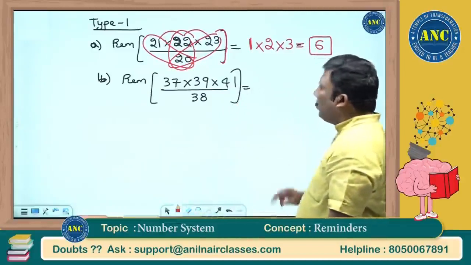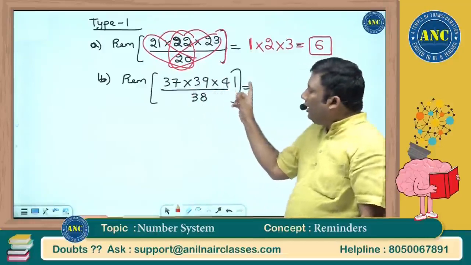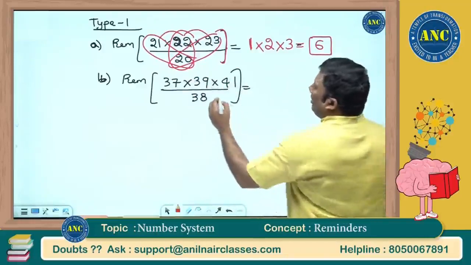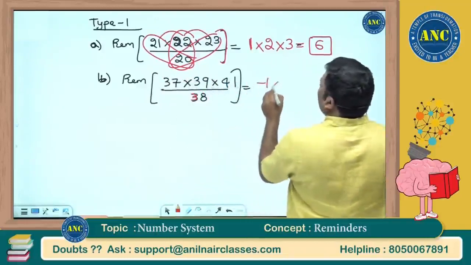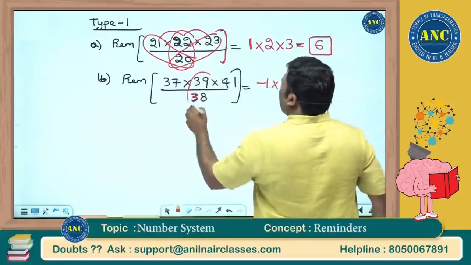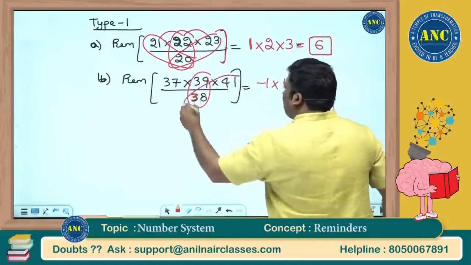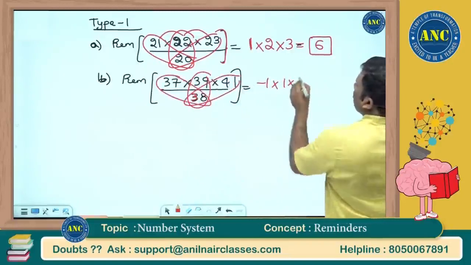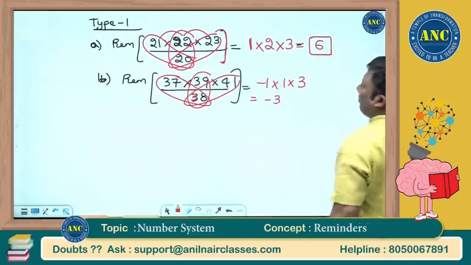Now see here, whenever the questions are like this, don't multiply these three. Do it individually. 37 is 38 minus 1, so it is minus 1. 39 is 38 plus 1, so it is plus 1. 41 leaves a remainder of 3. So minus 1 into 1 into 3 is minus 3.